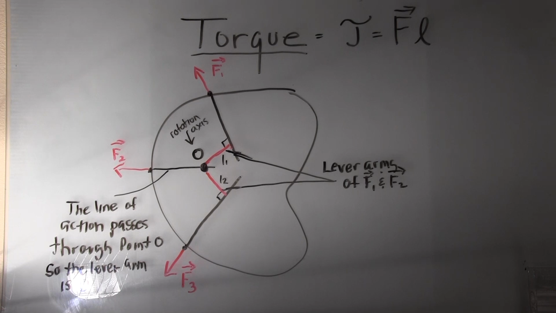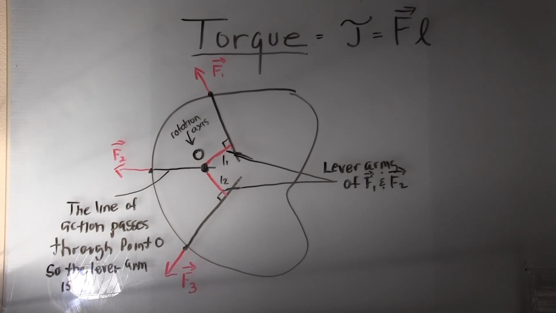In this figure, we are shown a method of how to calculate torque. Torque is given by the symbol tau, and it's equal to the force times the lever arm. The body in this example rotates about an axis that is perpendicular to the plane of the figure and passes through the point O. These three forces act on the body in the plane of the figure.